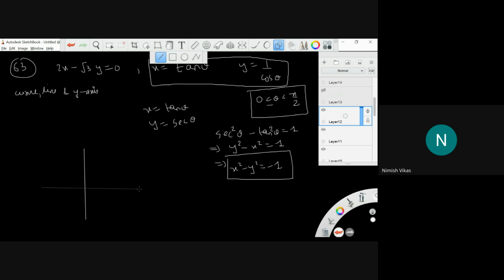Try to recall. Either like this or like this, a horizontal hyperbola or a vertical hyperbola. So which one of these two is the given one? x square minus y square is equal to minus 1.